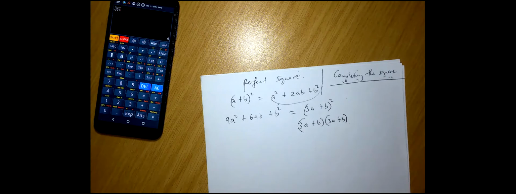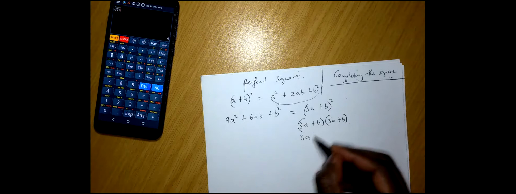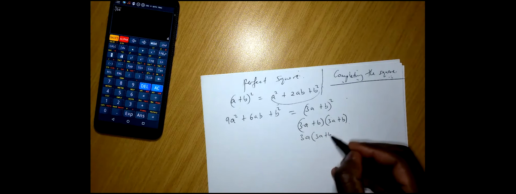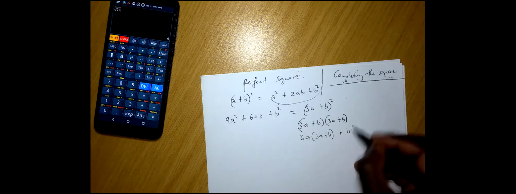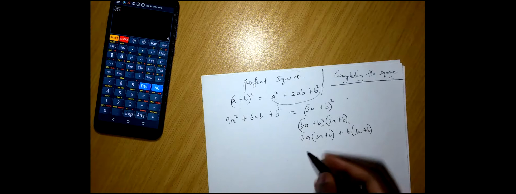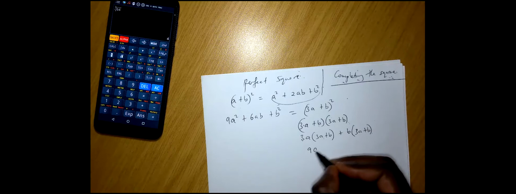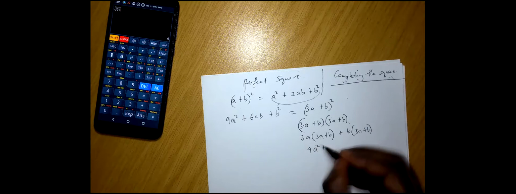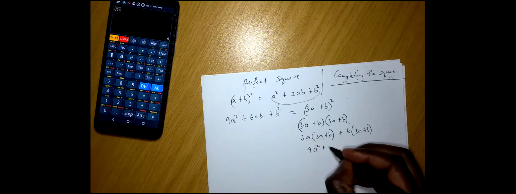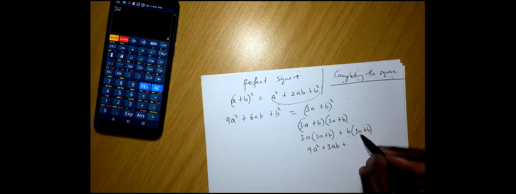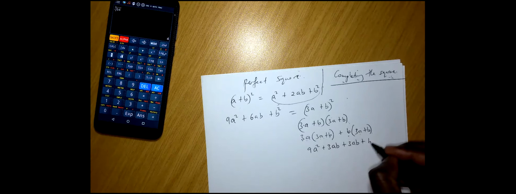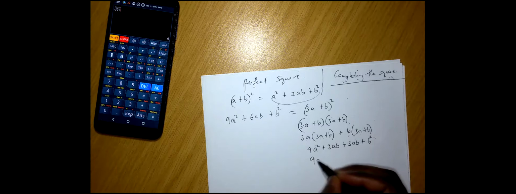Let's multiply here. 3 times 3 gives 9a squared, because it's a times a, plus 3a times b gives us 3ab, plus b times 3a gives us 3ab, plus b times b gives us b squared.